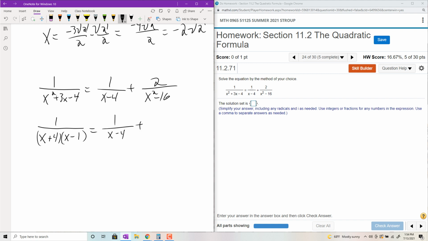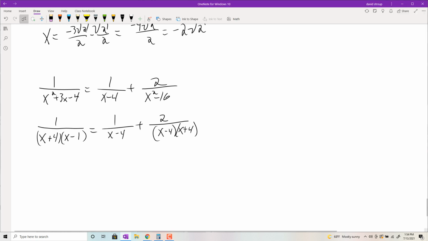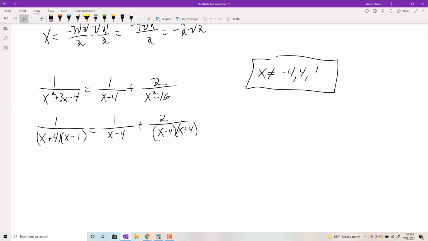It's x minus 4, x plus 4. Okay. Right off the bat, there's restrictions we have to worry about from the denominators. x cannot equal negative 4, 4, or 1. So you have to make sure we don't accidentally get one of those as our answers.